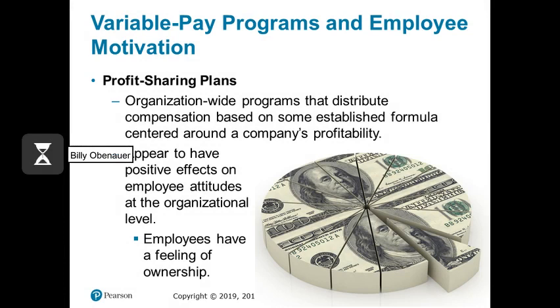Profit sharing plans are similar to bonuses in the sense that they are one-time payments that employees get for good performance, but they're a little different because bonuses typically have set amounts tied to them, whereas with profit sharing plans, we have a formula that we apply to the company's profitability to pay out these payments to employees.